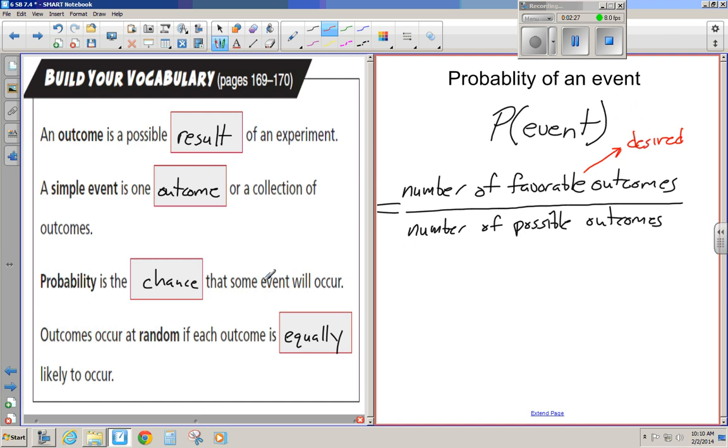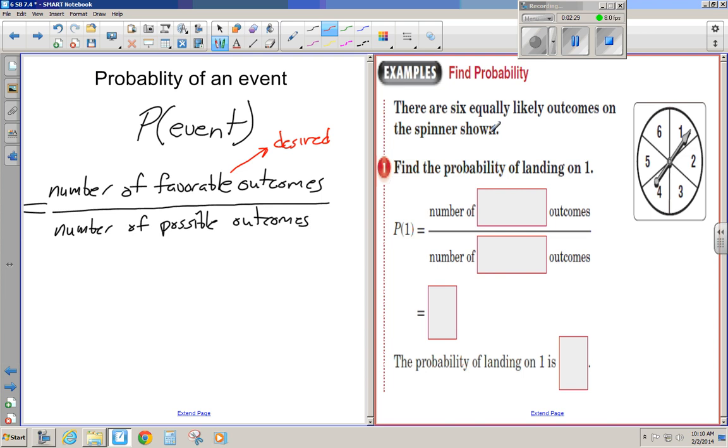So take a look here. There are 6 equally likely outcomes on the spinner. Remember that equally likely means it's random. So find the probability of landing on 1. You look at all of the totals.